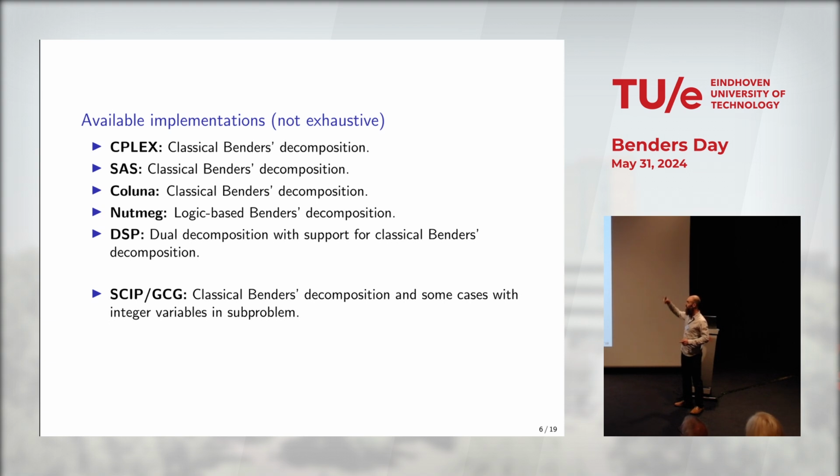DSP is a dual decomposition solver with classical Benders decomposition available in there. It came about because they use dual decomposition and use Benders cuts to strengthen that algorithm. Then they thought, well, we've already got these Benders cuts being generated, so why don't we just use classical Benders as well? So those are the main ones.